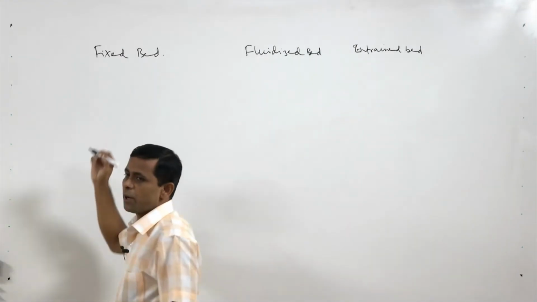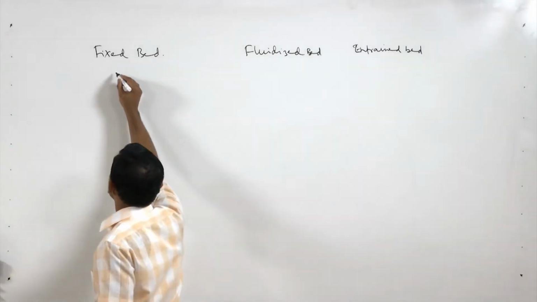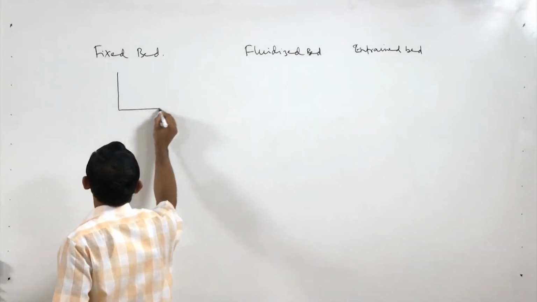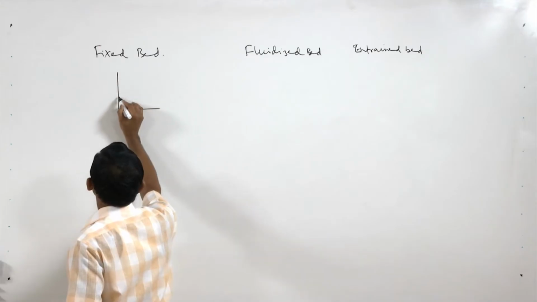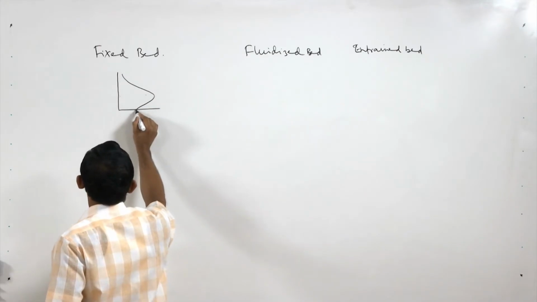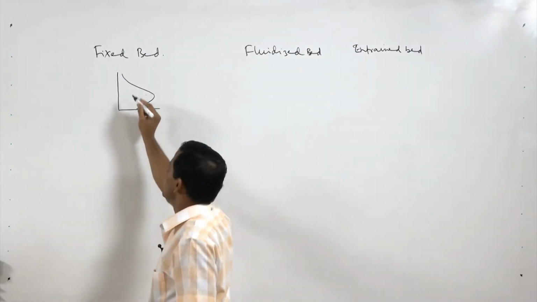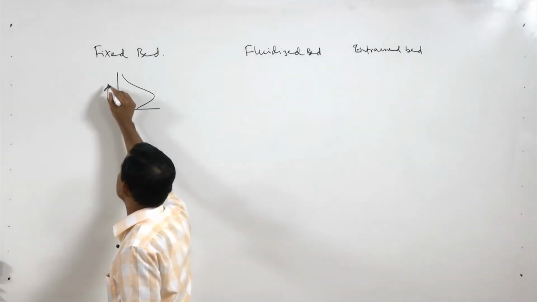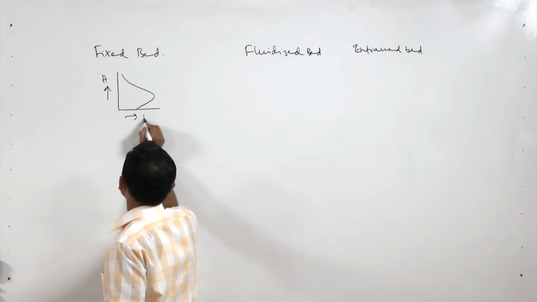In the previous part, we have seen that for the fixed bed gasifier, the temperature is maximum at the combustion zone for coal gasification, and then it decreases. This is along height and this is temperature.